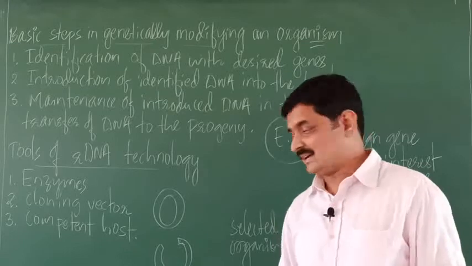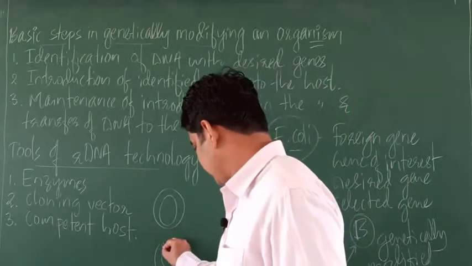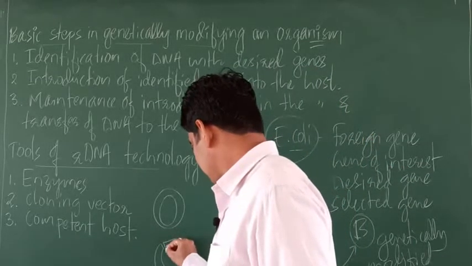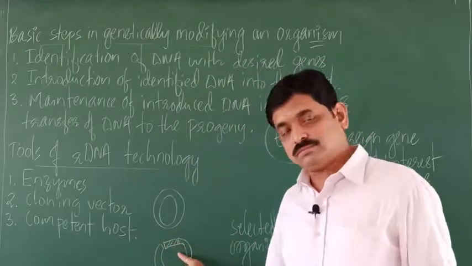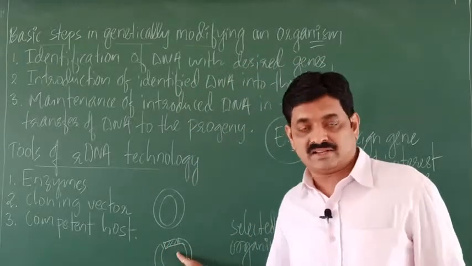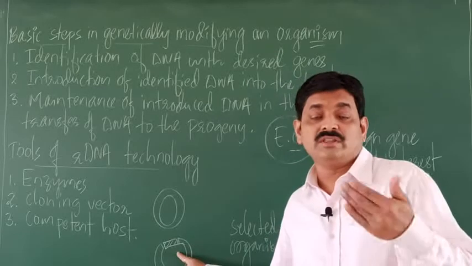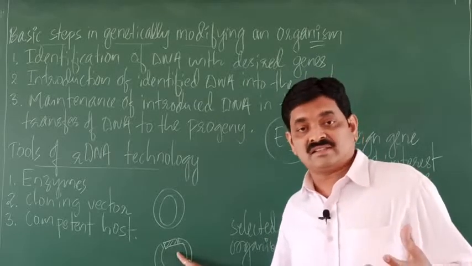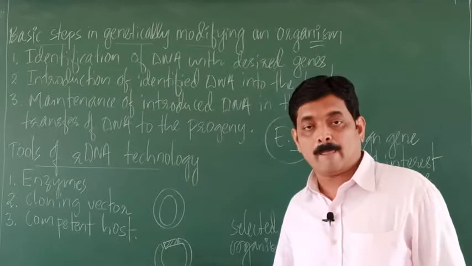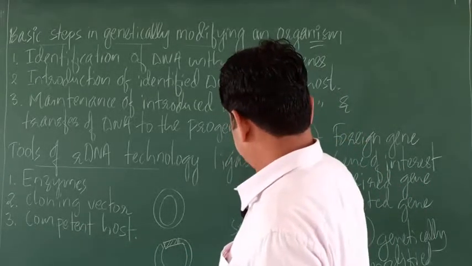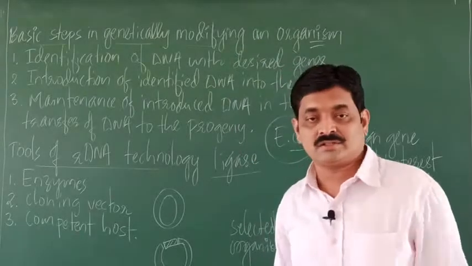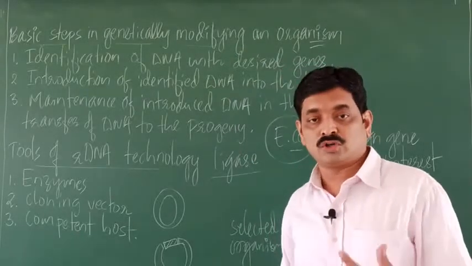Next, what is done? That desired gene is fitted here like this. The desired gene is fitted in the plasmid with the help of another enzyme, that is ligase, or DNA ligase, which is molecular gum or molecular glue.